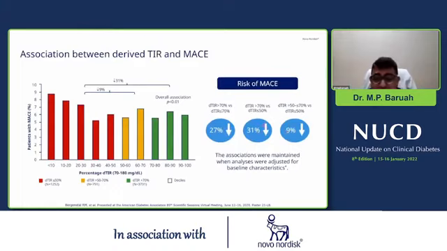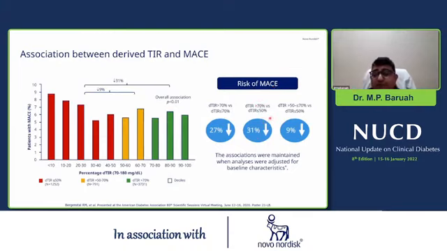No doubt. Similarly, if a patient spends more than 70% of time within the desired range, there is less chance of major adverse cardiovascular events. The chance is less than 31%, but there is not much difference between 50% and 70% time in range.